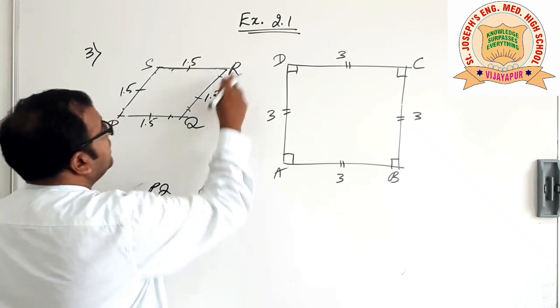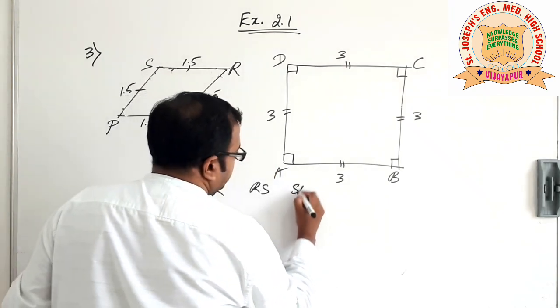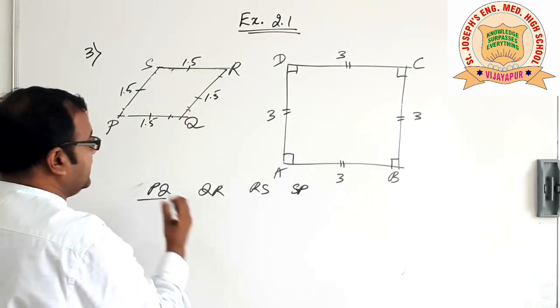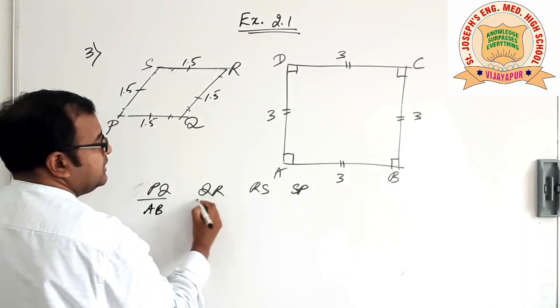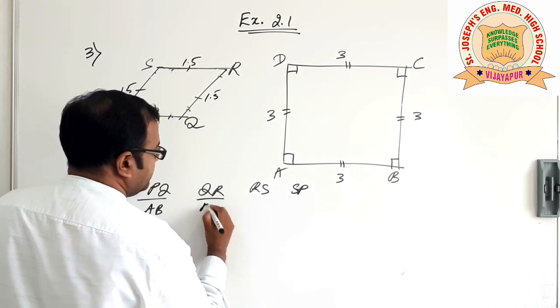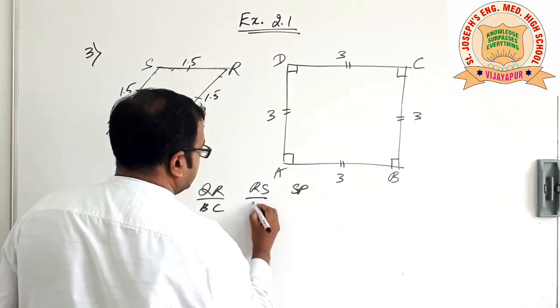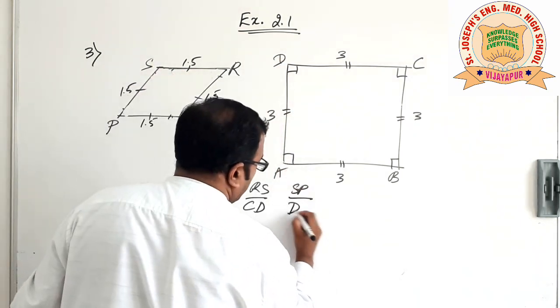Suppose I take PQ, QR, RS and SP. If I divide with the sides of the second diagram, that is PQ by AB, and QR by BC, RS by CD, SP by DA or AD.